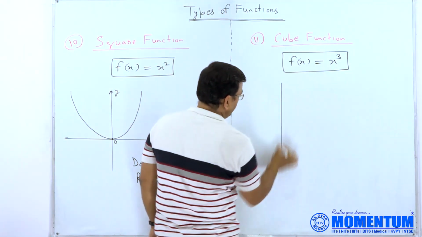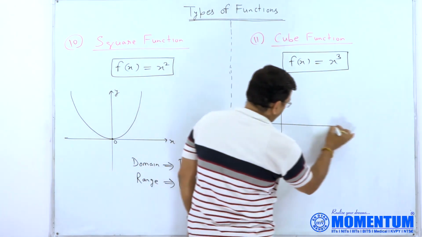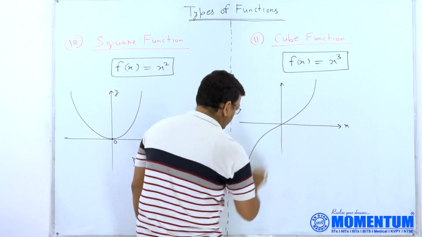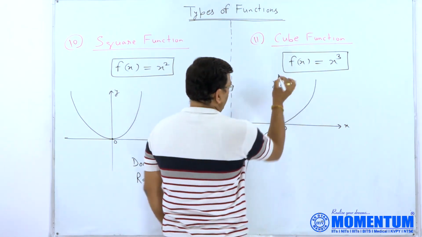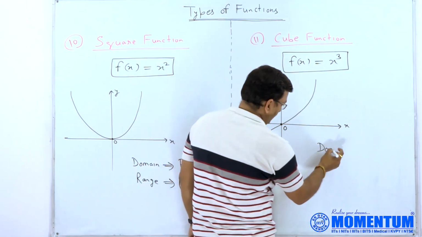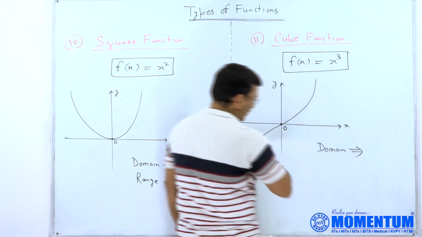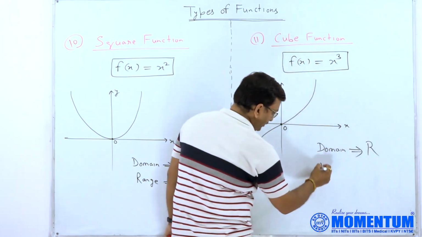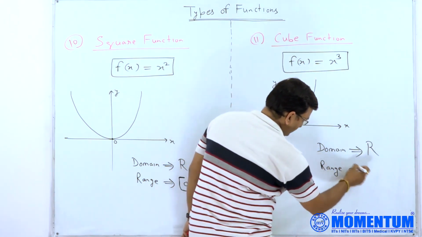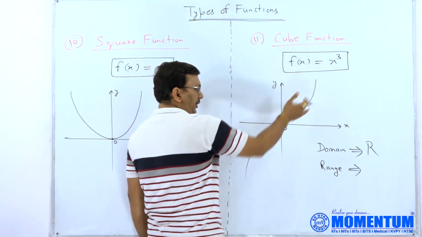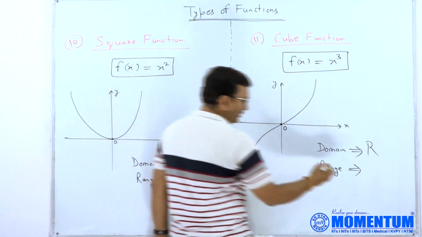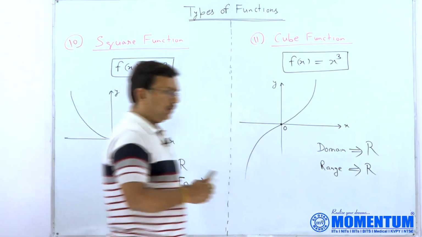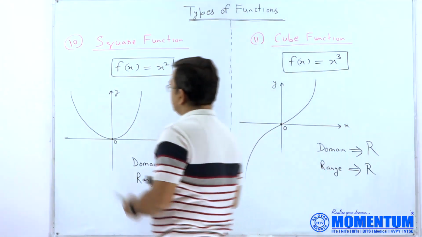So, graph of x to the power 3. From the graph, domain is called values of x on the x-axis for which graph is possible. So, domain is all x, range is found on y-axis. Corresponding to graph, what values we are getting on y-axis, that is called range. So, here domain as well as range both are set of all real numbers.